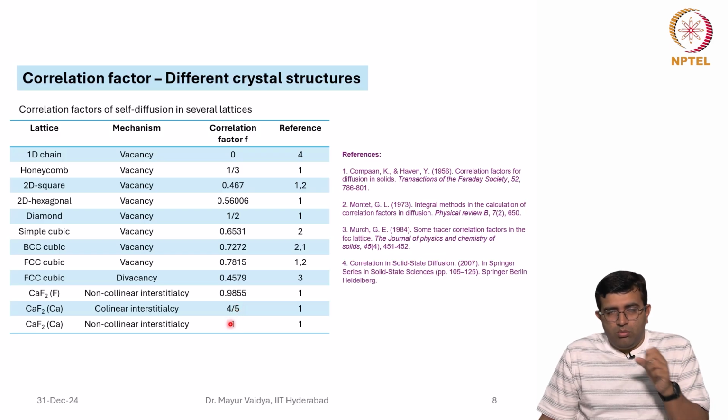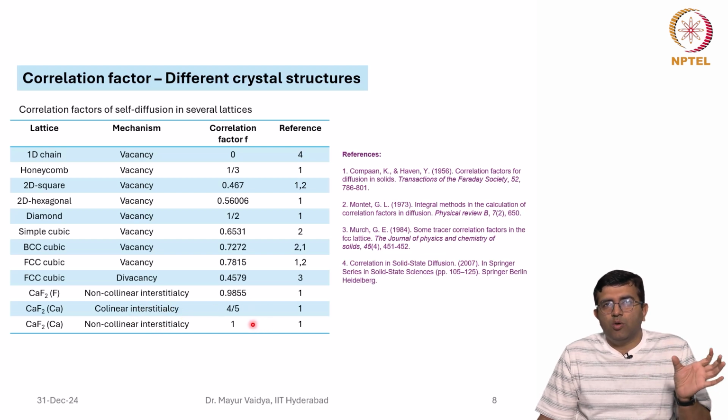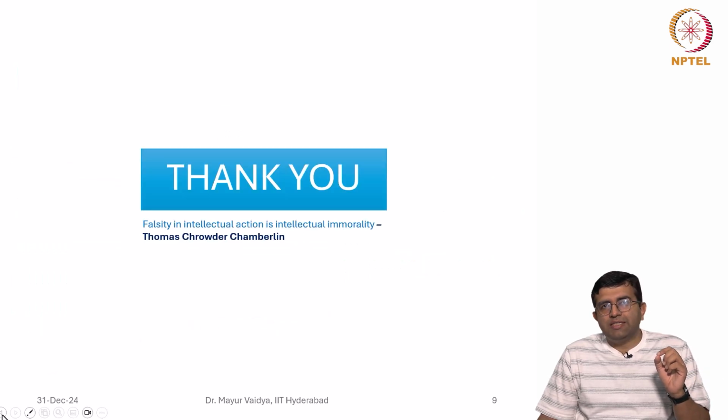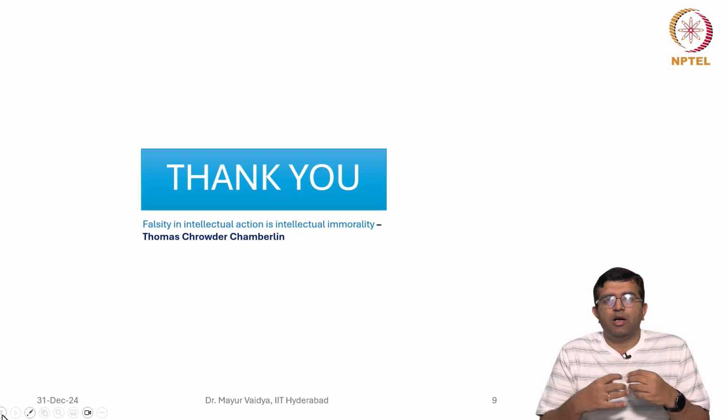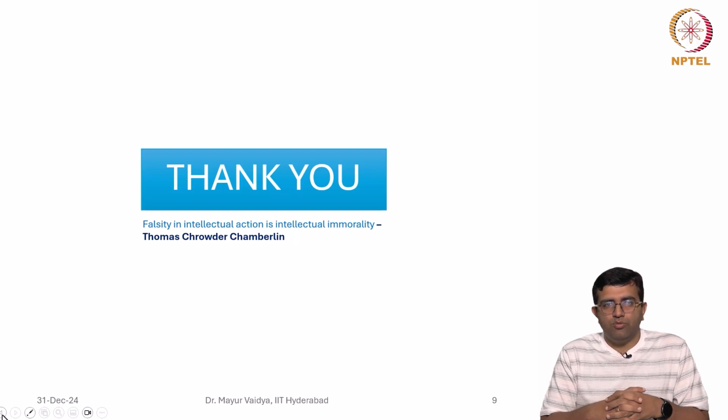So again you see that slight variations within a diffusion mechanism itself can lead to a change in the correlation factor. Now, in the next class, we will look at how to calculate these correlation factors for some structures. We will demonstrate for one or two, and we will also talk in a little more detail about these correlation factors. So, see you for the next lecture.